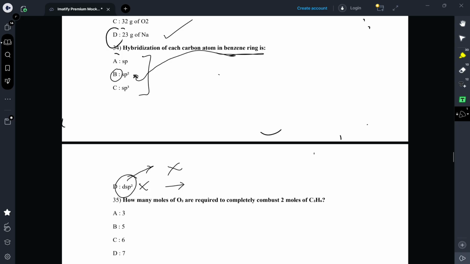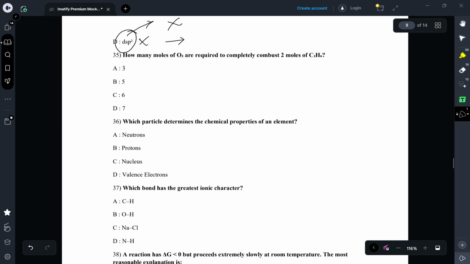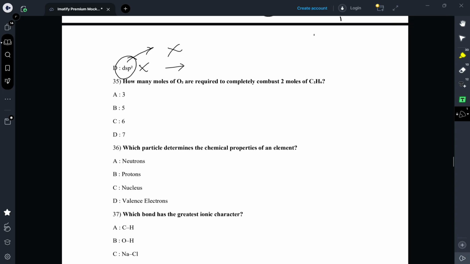How many moles of O2 are required to completely combust 2 moles of C2H6? Now C2H6 is an organic compound, a hydrocarbon, and its name is ethane. To do this question, you have to make an equation for complete combustion. There is complete combustion and incomplete combustion.